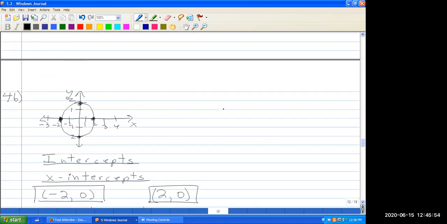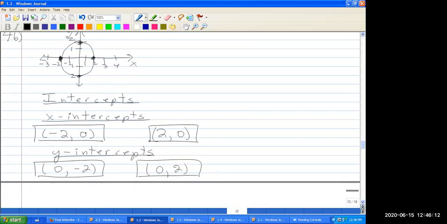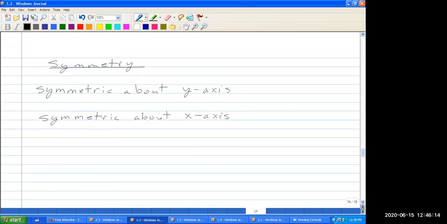And if you take this point, its antipodal point is also on the graph. Every antipodal point corresponds to a point on the graph, and so it's also symmetric with respect to the origin.